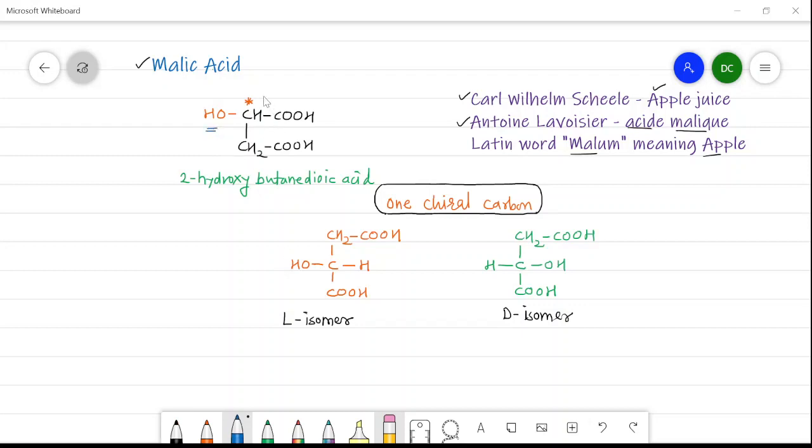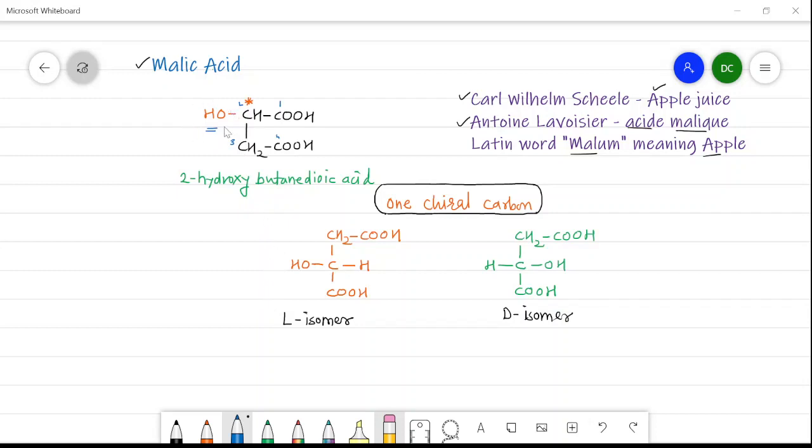So the name for this malic acid is 2-hydroxybutanedioic acid, because there are four carbons: first, second, third and fourth. Butane is there and dicarboxylic acid, that's why the prefix di is used. In this way we can write the IUPAC name. Since the chiral carbon is present, we get two isomers.